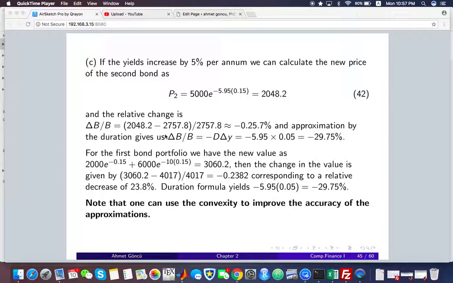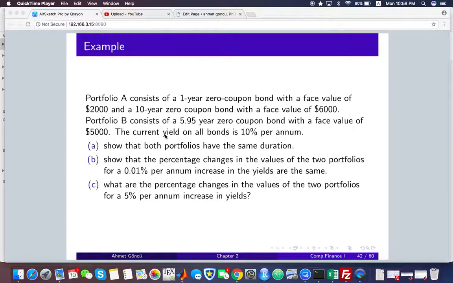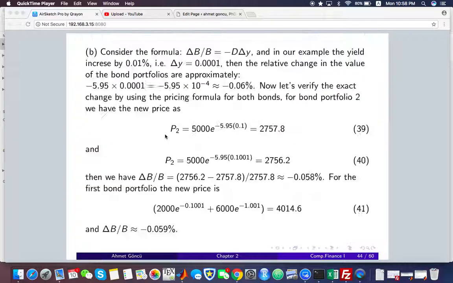So in part C, if we go back here, the question is what are the percentage changes in the values of the two portfolios for a 5% per annum increase in the yields. This is a much larger increase in the yields, which is 500 basis points, and therefore we do not expect the duration formula to work very well to represent the exact change in the value of the bond.